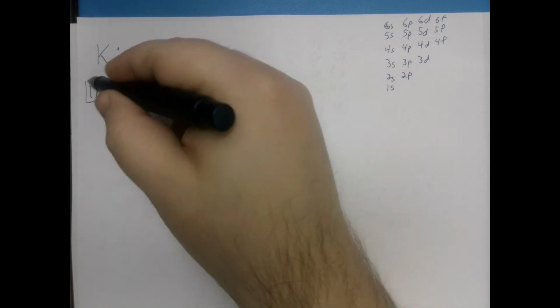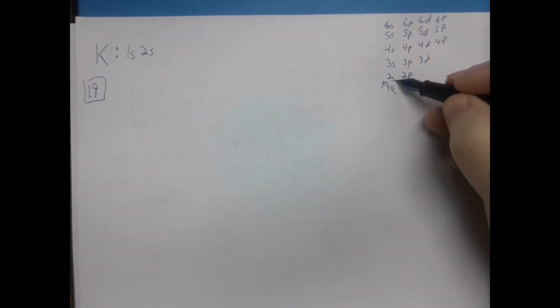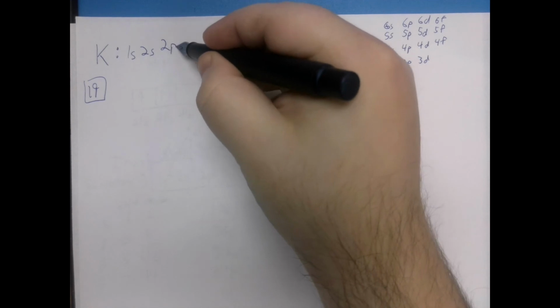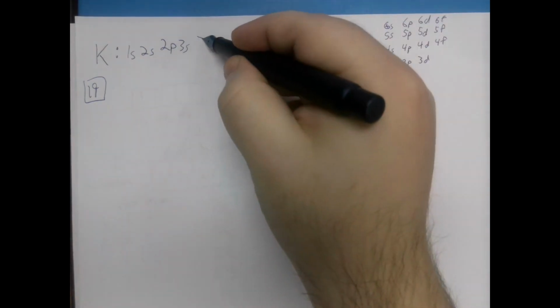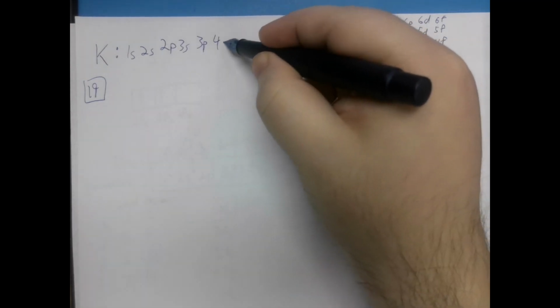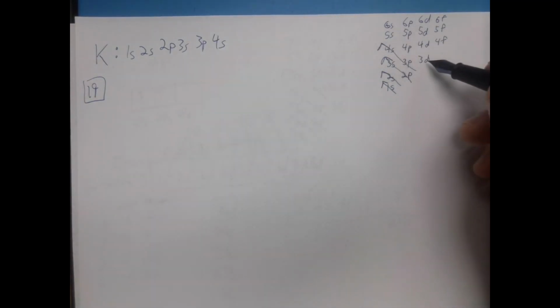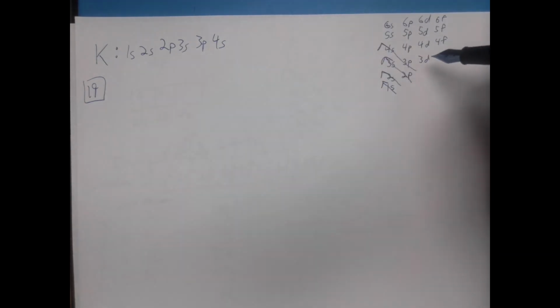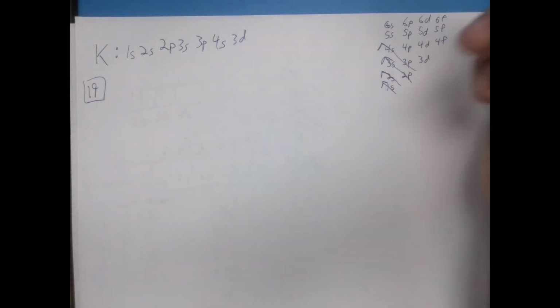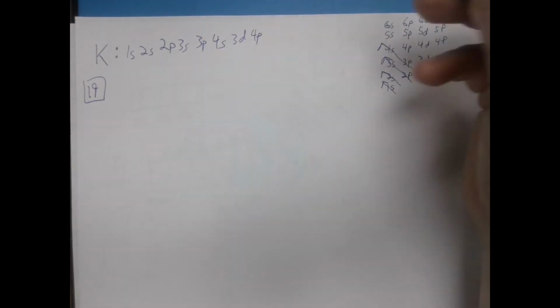I'm not doing anything with F either. So potassium has 19 electrons. So we're going to go in this direction. 1s, 2s, then 2p, 3s, then 3p, 4s, and 3d, 4p, and 5s.